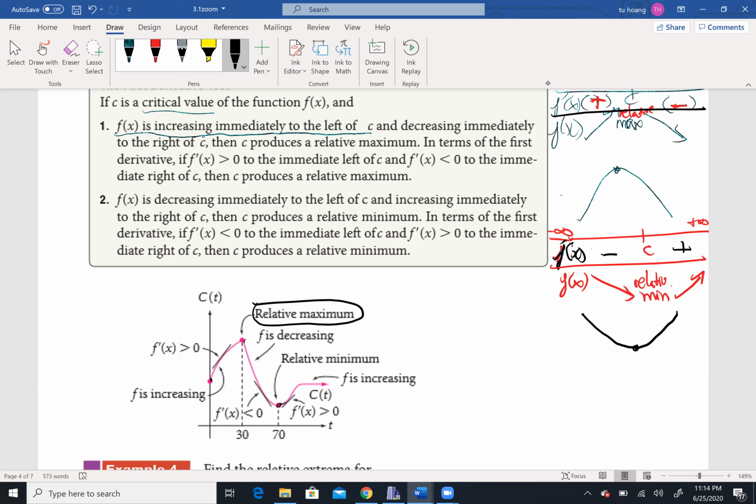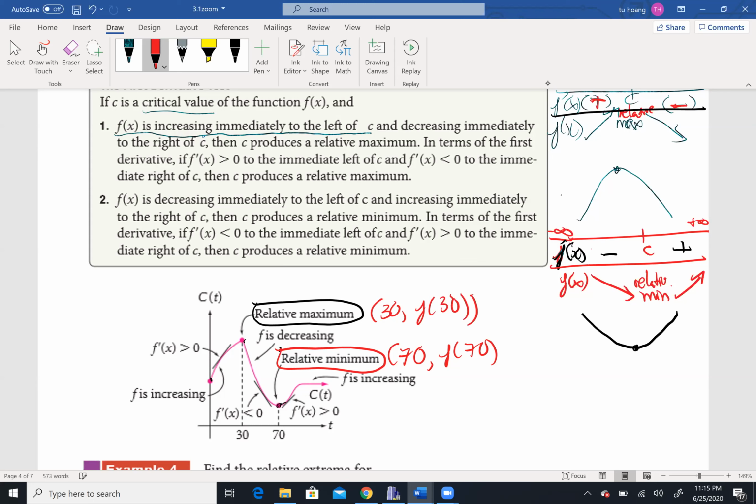It stops here and goes up. So at x equal to 7, we have a relative minimum. The relative minimum is at 7 and f(7), x and y here, and the other pair for the maximum is going to be 30 and f(30).